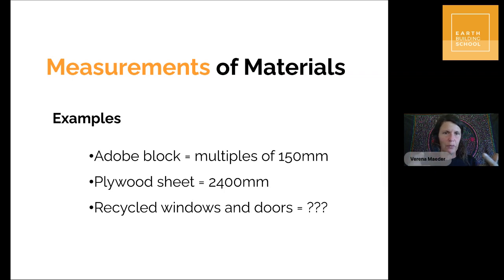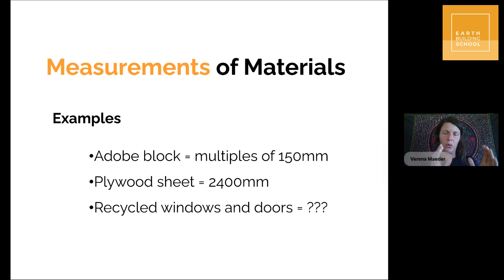And for the design purpose, we're working in multiples of 300 for the floor plan. That way, if you stick to this, when you're going to build it, you have less cutting in your bricks. And you see here on the slide, it says multiples of 150. That is because the bricks are overlapped.